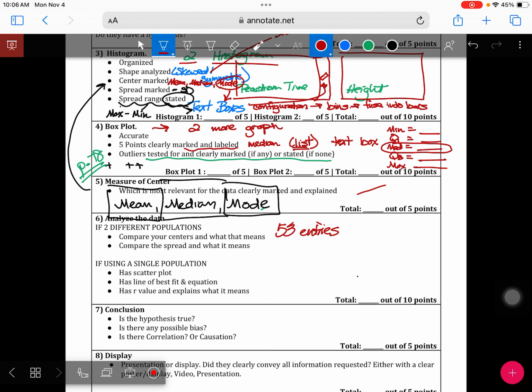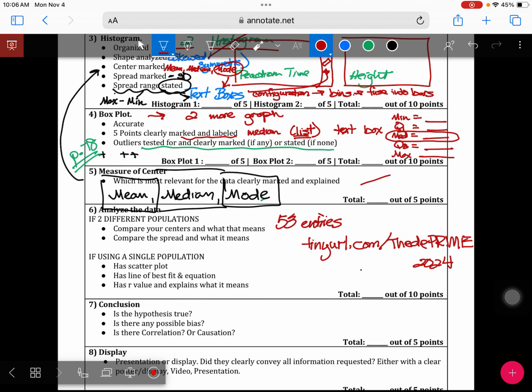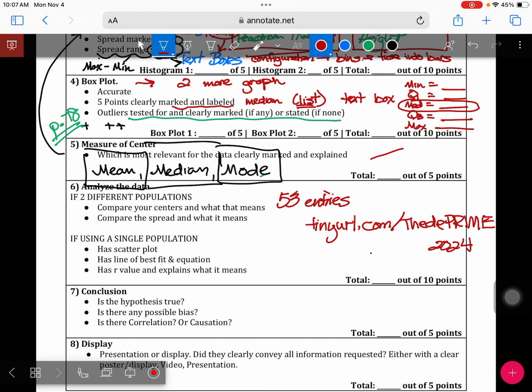The tiny URL for that, which I do have on Canvas, is tinyurl.com/Thede with a capital T, prime with all caps, in 2024. Capital T in Thede, prime all caps, and 2024.